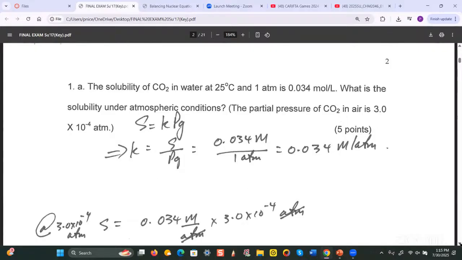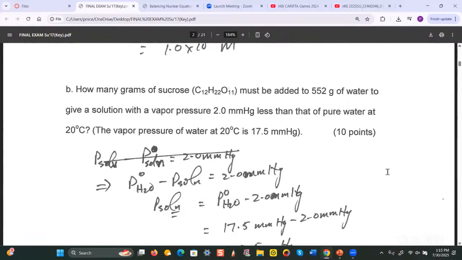All right, now this one has to do with Raoult's law. It says how many grams of sucrose must be added to 552 grams of water to give a solution with a vapor pressure of 2.0 millimeters mercury less than that of pure water at 20 degrees. And it gives you the vapor pressure of water at 20 degrees as 17.5 millimeters mercury.